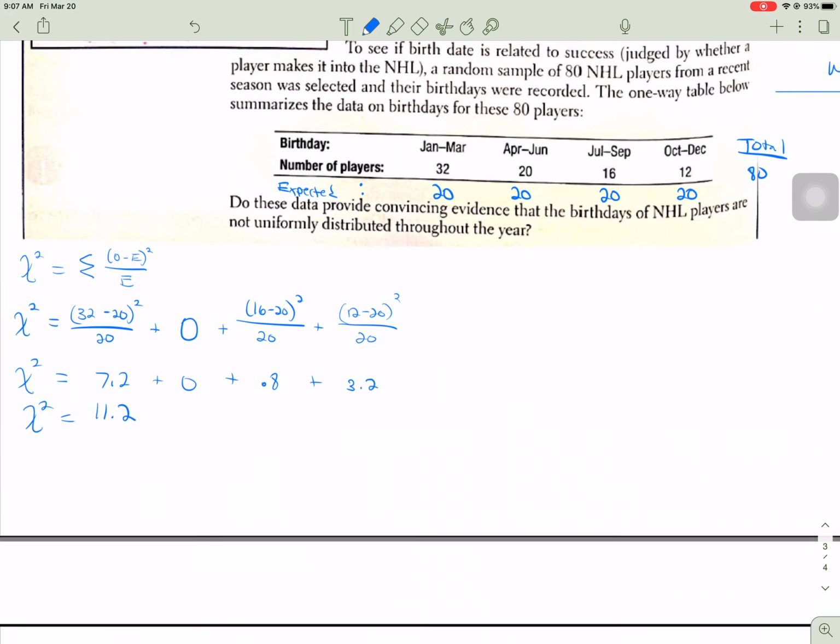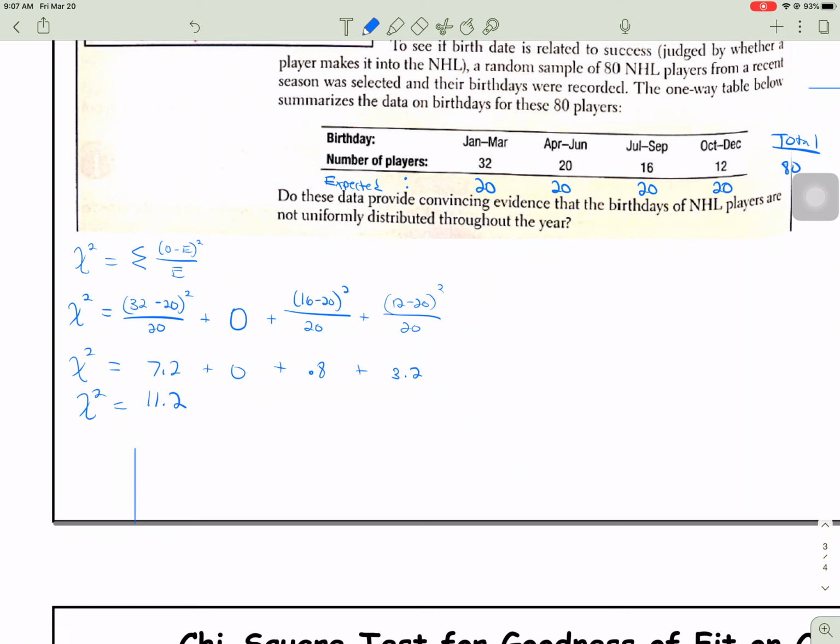Now, what does that mean in a picture? Well, our chi-square distribution, which is always in quadrant 1 and skewed right, we have to calculate the probability of being 11.2 or greater.